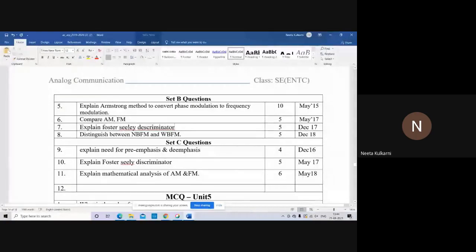The Foster-Seeley discriminator question is already here. Then explain the need of pre-emphasis and de-emphasis. And here you can write, instead of the Foster-Seeley discriminator, explain the slope detector circuit. Slope detector, balanced slope detector, those circuits you can write here. So these are the assignment questions.